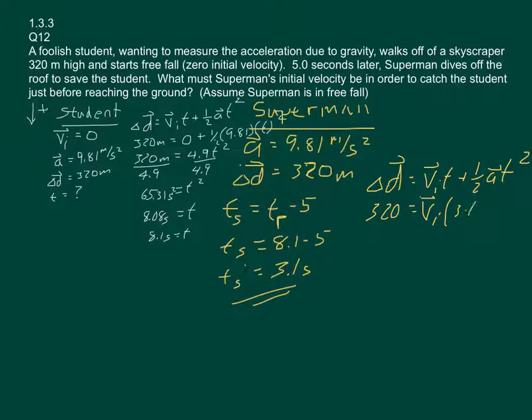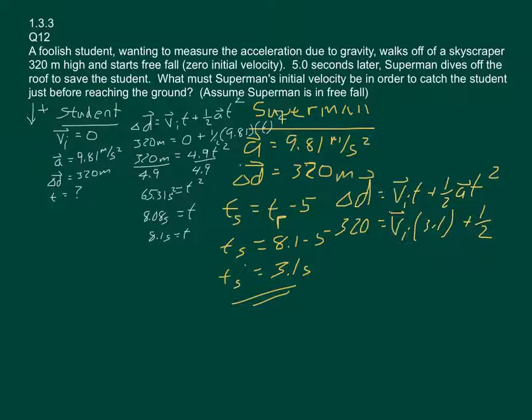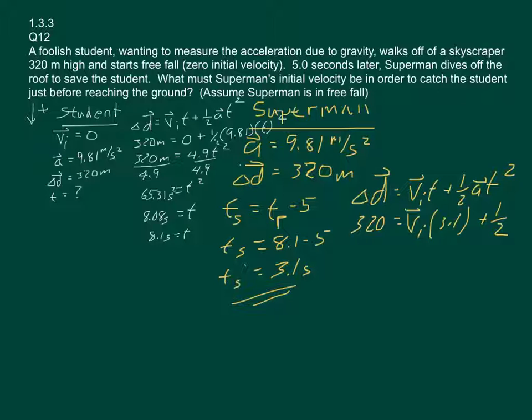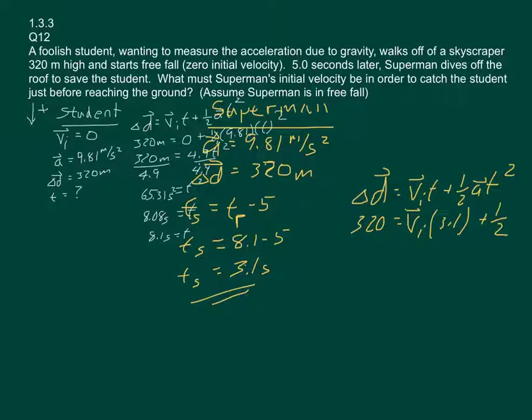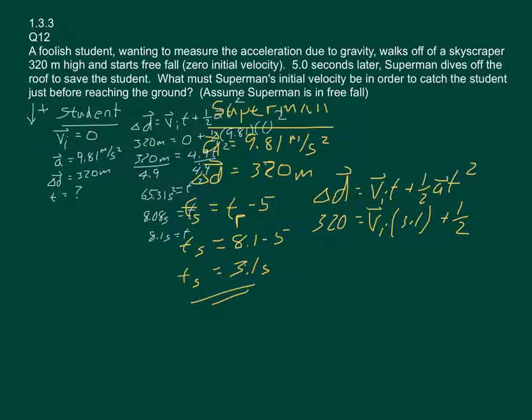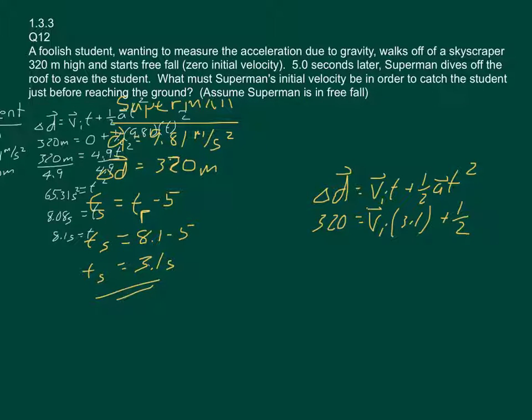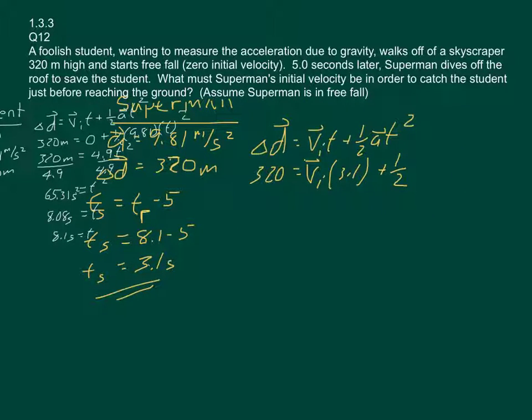T is 3.1, plus 1/2 A, which is 9.81, times 3.1 squared.